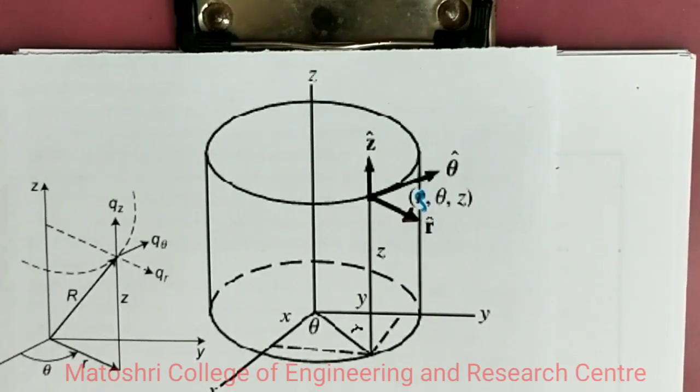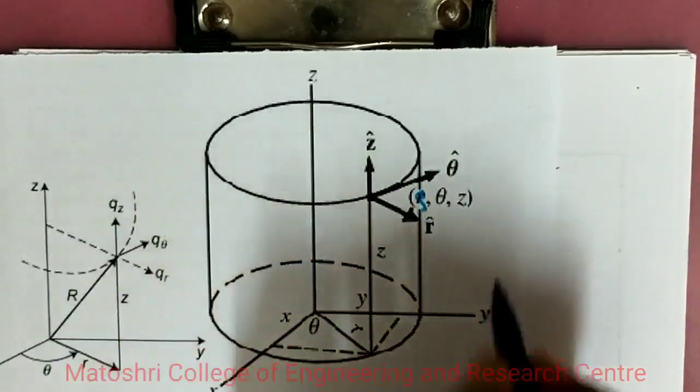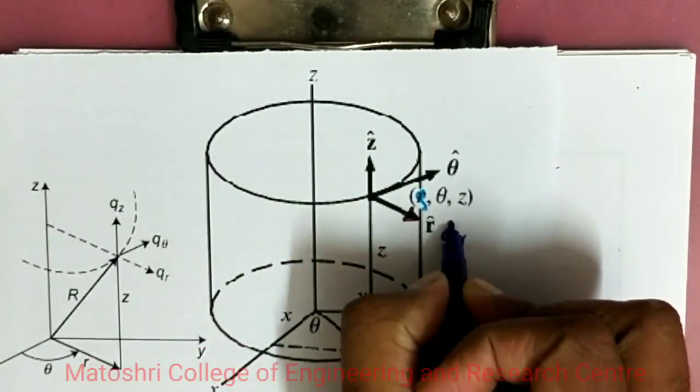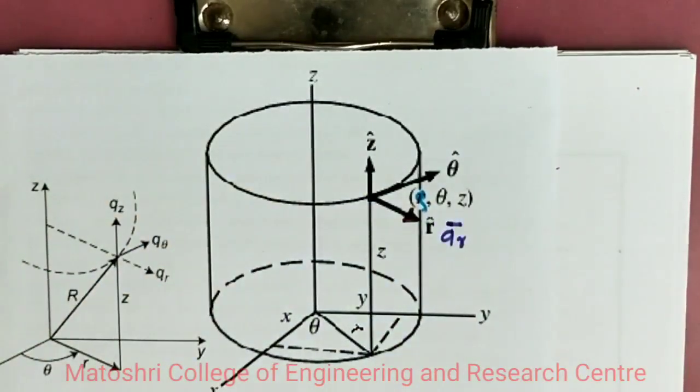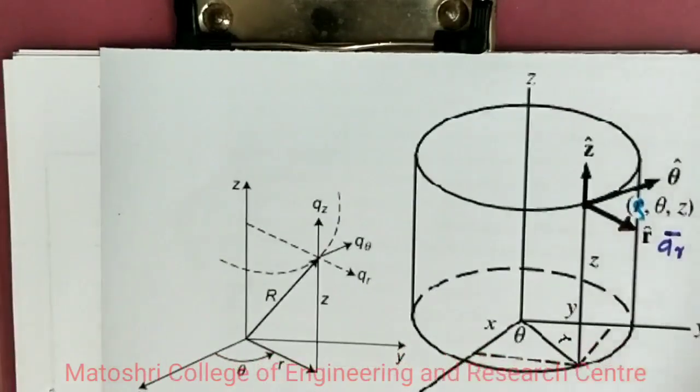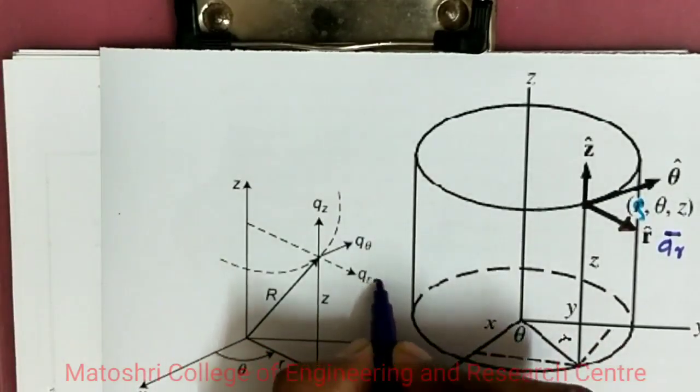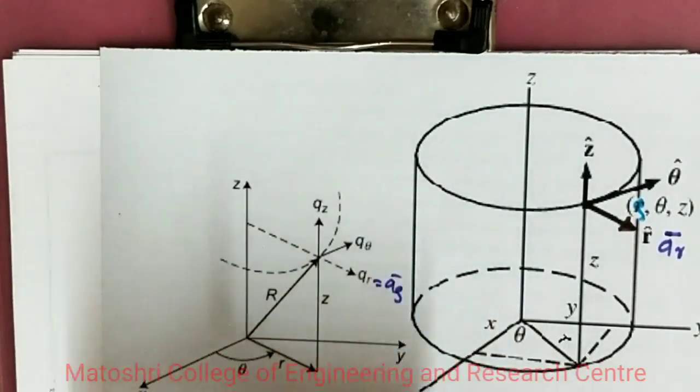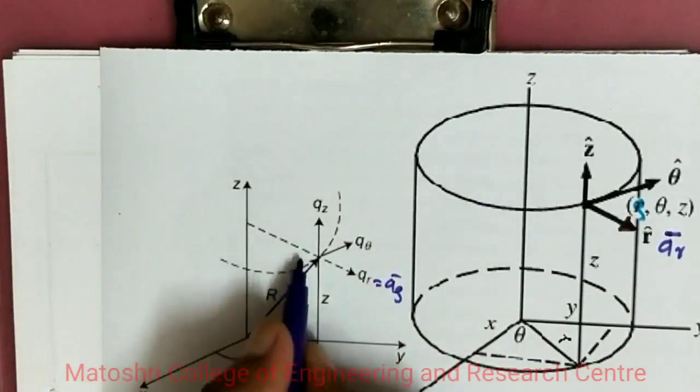In this case, the unit vector in the direction of the radius is given as AR cap, AR bar. I have specified it over here. It is shown in the outward direction. Why?